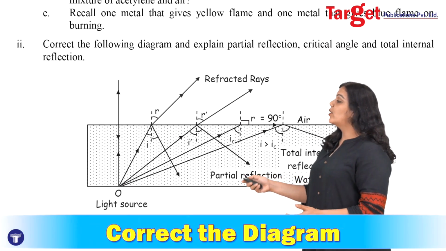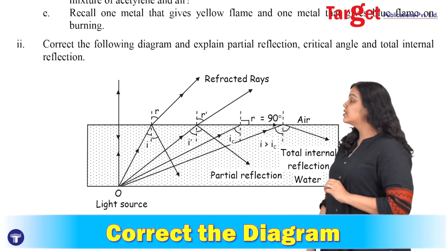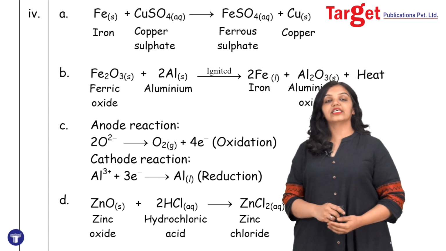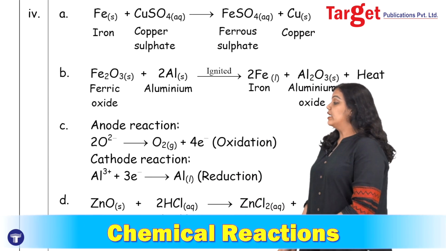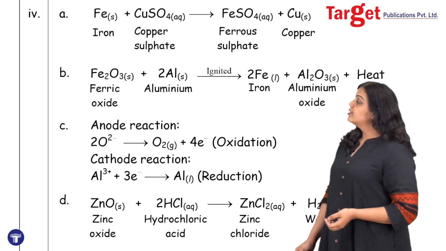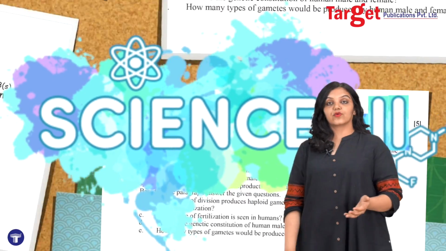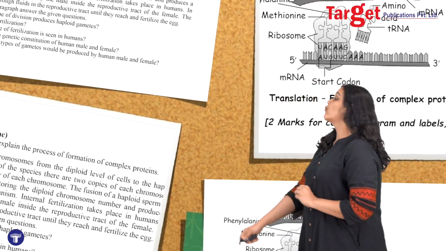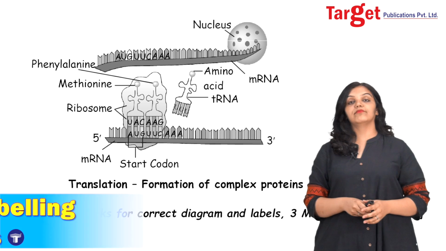For example, here where you have to correct the diagram given to you. You have other types of questions in chemistry, for example, where you have to write the chemical reactions or talk about their importance. You also have paragraph-based questions in biology or science 2 as well. And you have questions based on diagram in biology.